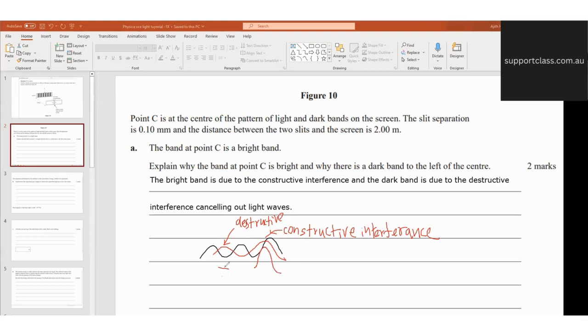So this is a cancelling effect. This is an amplifying effect.